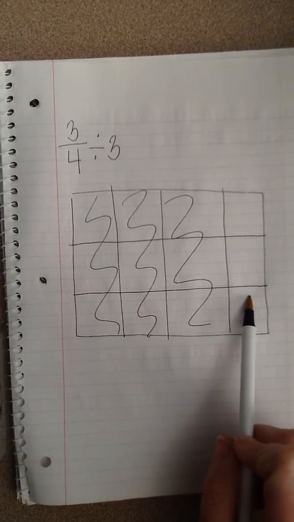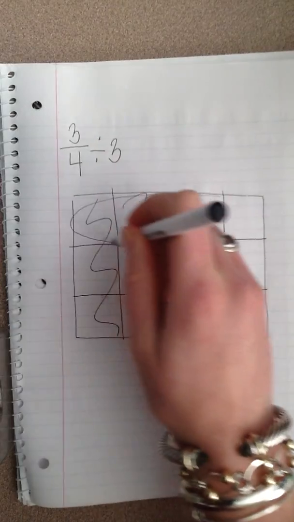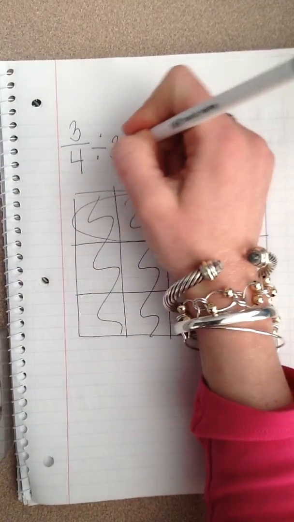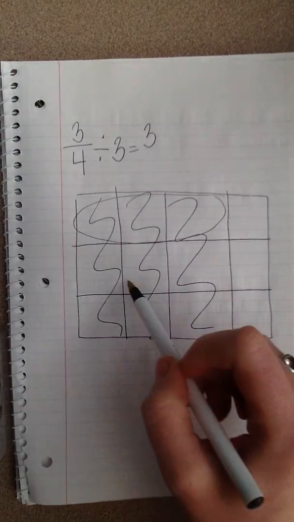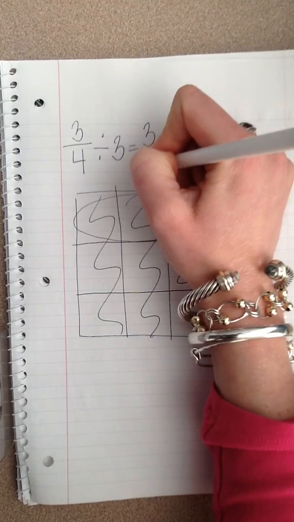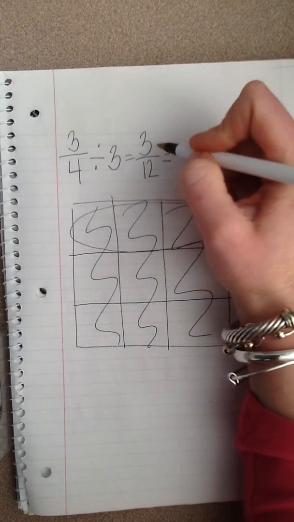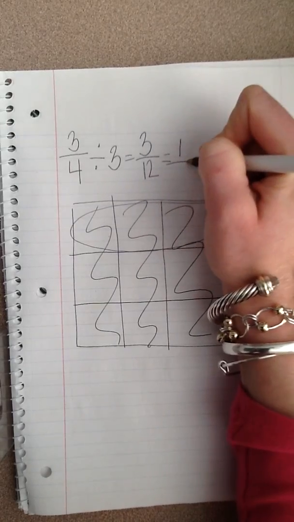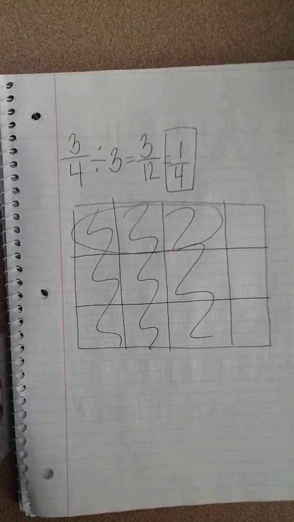So we need to find out how much each group is getting. So this goes to group 1, and that is 3 out of 1, 2, 3, 4, 5, 6, 7, 8, 9, 10, 11, 12. If I simplify it, I know 3 goes into 3 1 time, and 3 goes into 12 4 times, and that is my final answer.